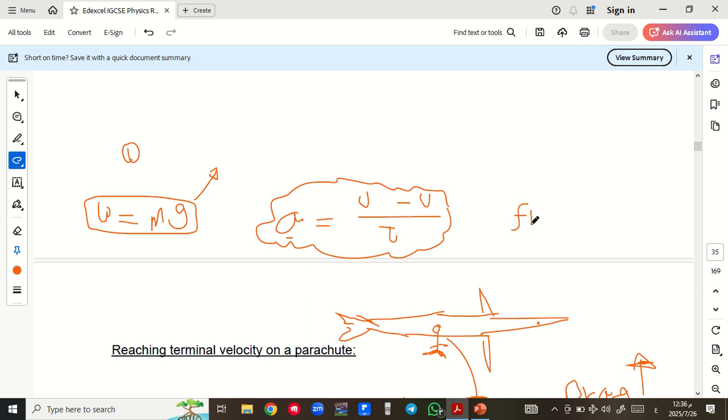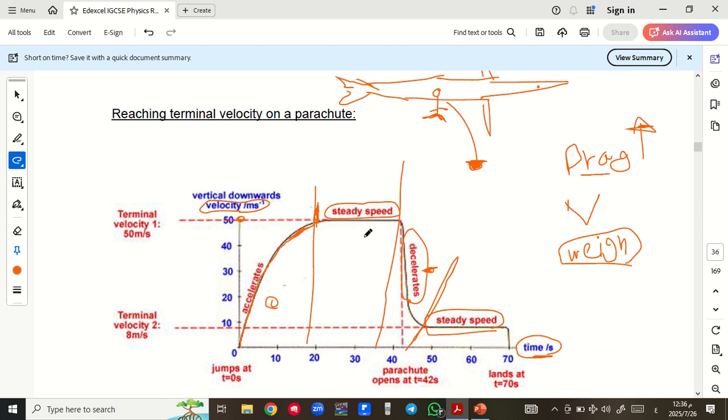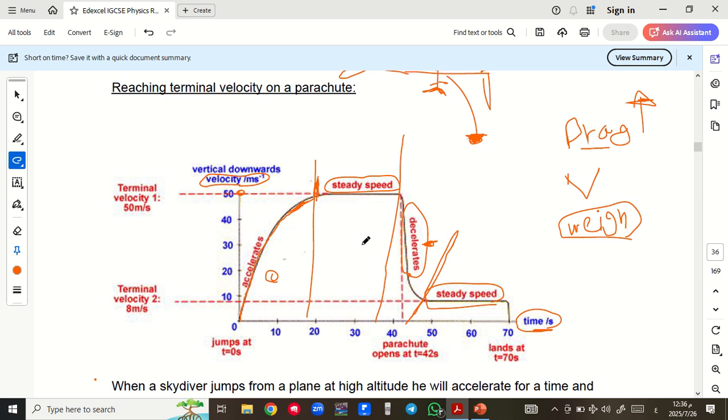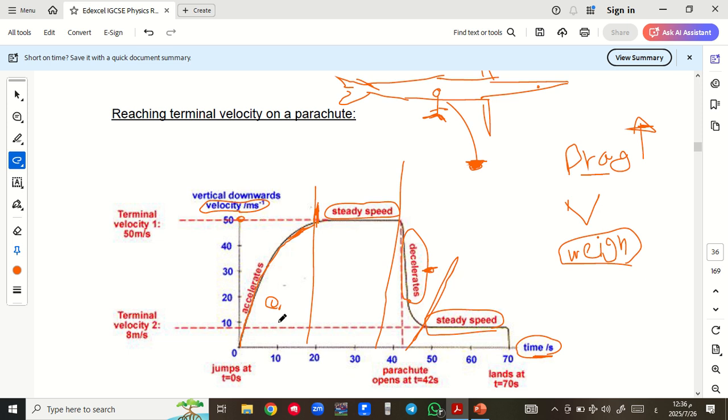Then I explained free falling using this curve. We divided it into 4 parts. First, when the skydiver jumps from the plane, he will accelerate.